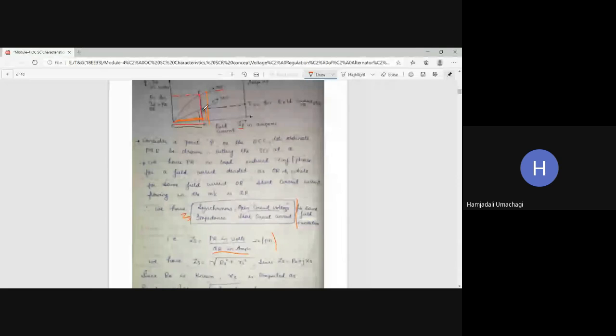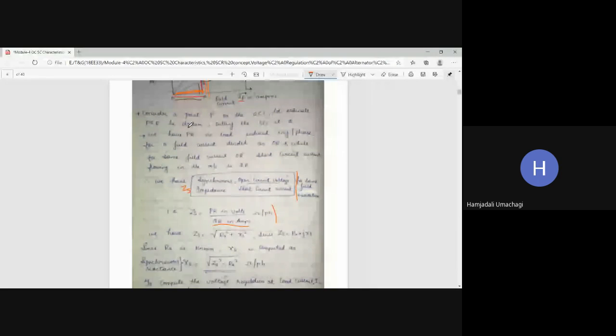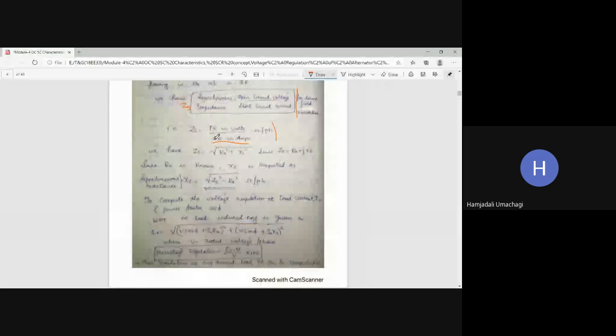So take the voltage from OCC, and PR by QR for the same field current OR. Is it clear? Now, after substituting those values, you will get the synchronous impedance ZS.